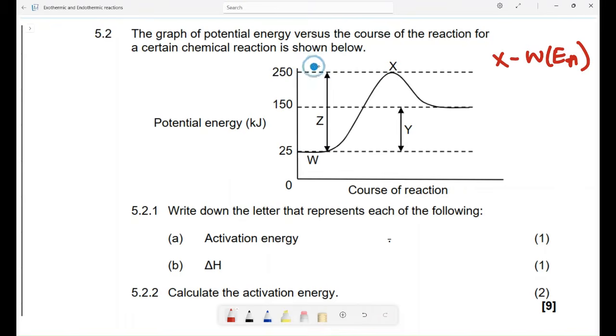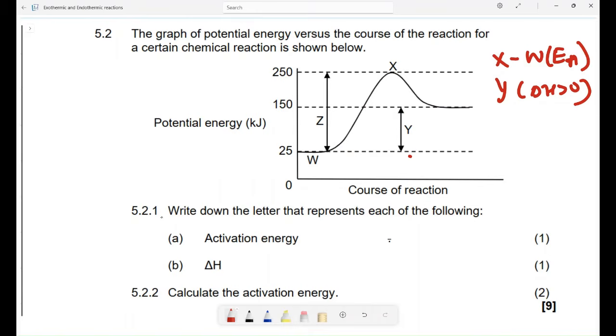Then from the reactant to the product, which is Y, this one is our change in H. Now we can answer why change in H is greater than 0: because this is an endothermic reaction, even though they do not tell you. Why? Because the energy of the product here is greater than the energy of the reactant.